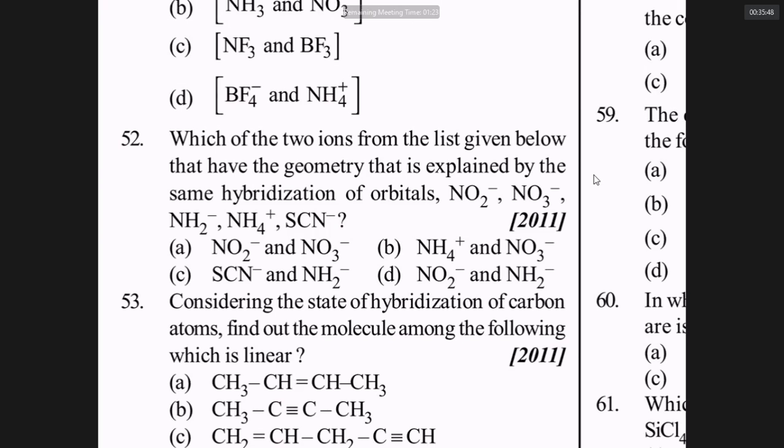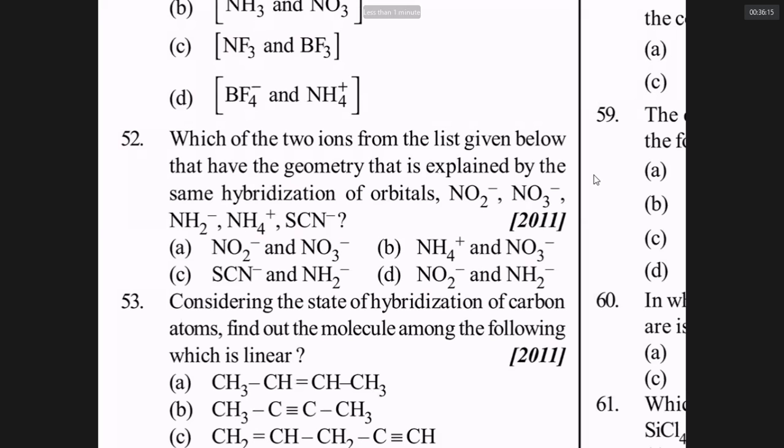NO3 minus is AB3 type. They are different, right? AB2E type, AB3. Both have the same hybridization, right? The question is, both have a geometry that is explained by the same hybridization. Both have the same hybridization, but the shapes are different. NO2 minus is bent, NO3 minus is trigonal planar, but they have the same hybridization. They want the same hybridization, right?